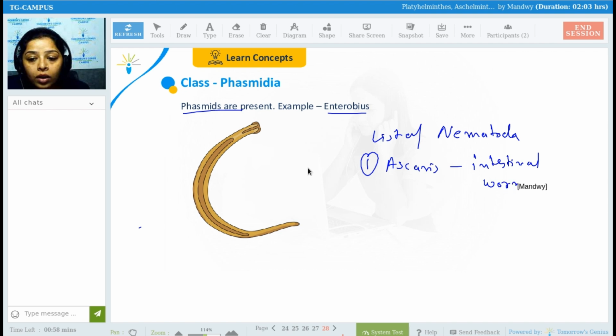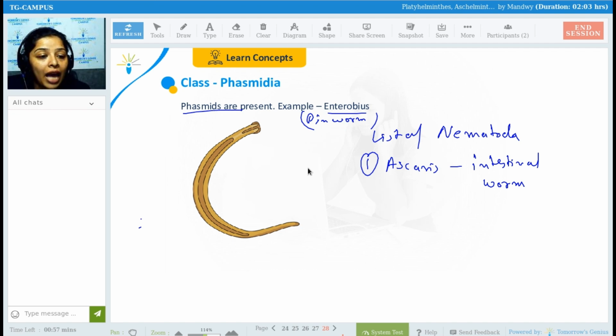Intestinal worm. Okay. Another example, Enterobius, that is the phasmidia. Okay. This Enterobius is also called as pinworm.